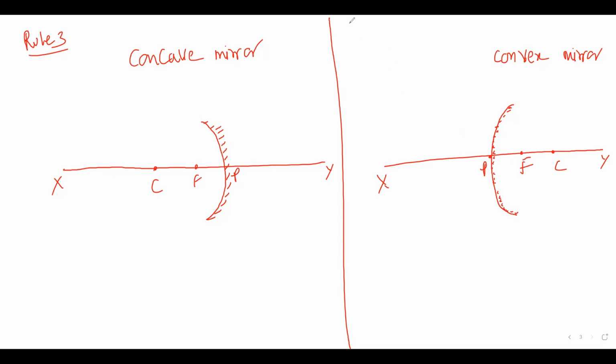Now, any ray passing through the focus, if the light ray is passing through the focus and falling on a concave mirror, after reflection, it will become parallel to the principal axis.